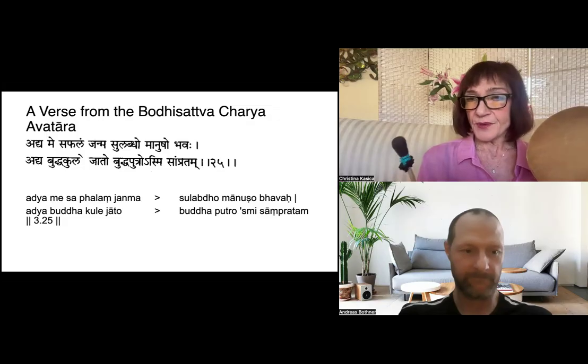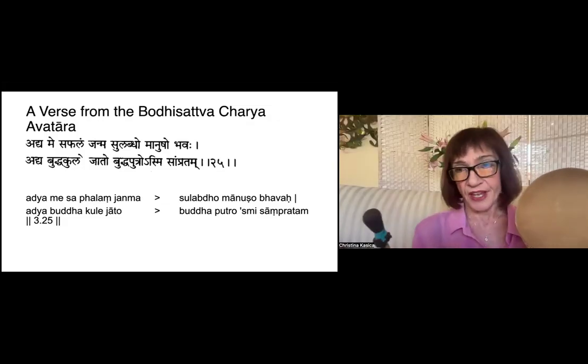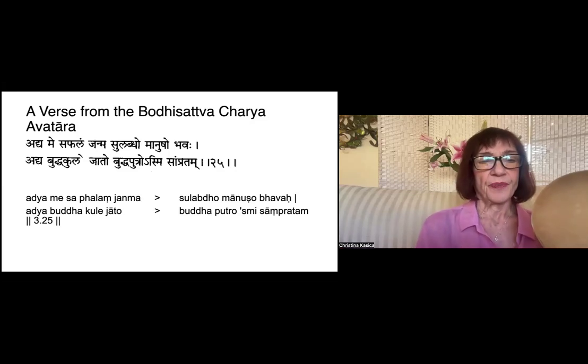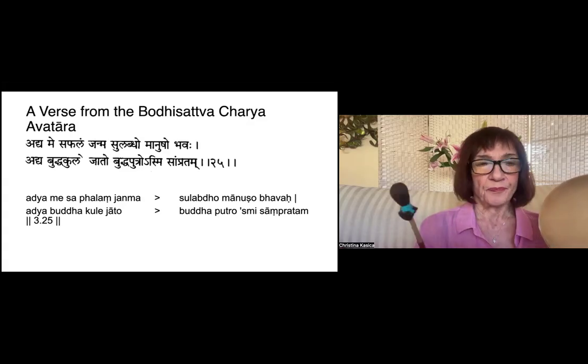So let's say this verse one more time with the long and short vowels. Ad, ya, me, sa, pa, lam, jan, ma. Su, lab, do, ma, nu, sho, ba, va.